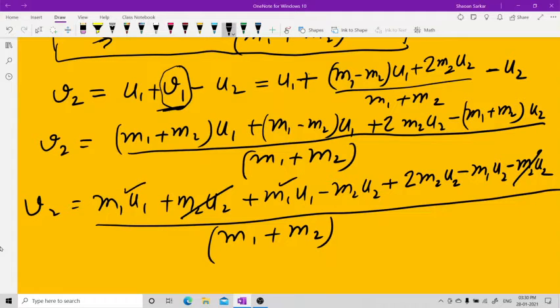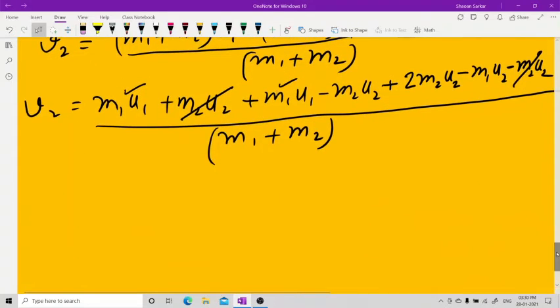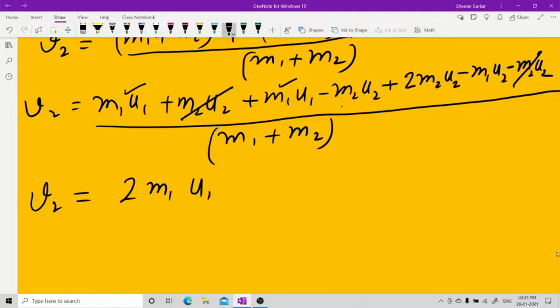Now see, these two terms become 2. So now we will drag it a little down. I'll take a little more page. Now v2 is coming out to be 2m1 u1 plus m2 minus m1 u2.